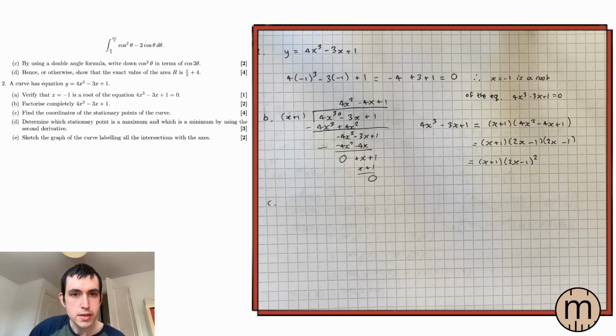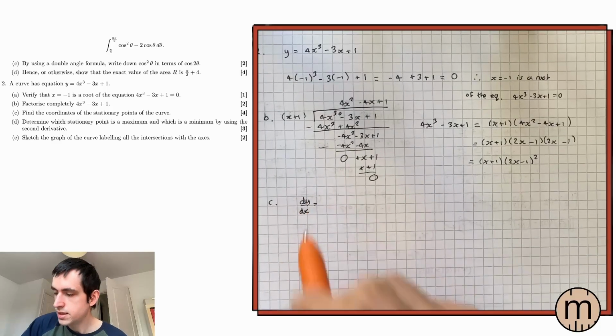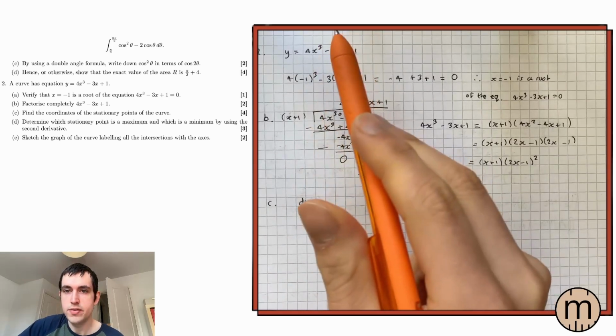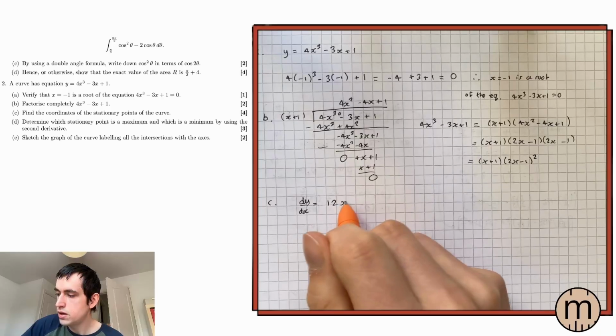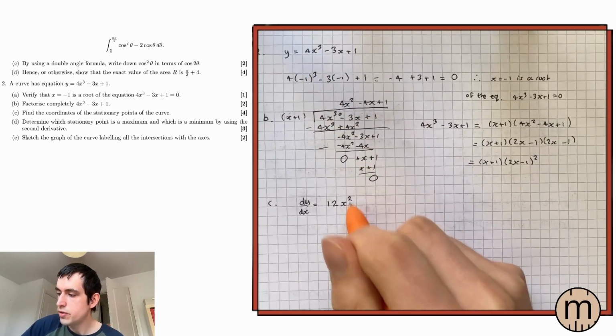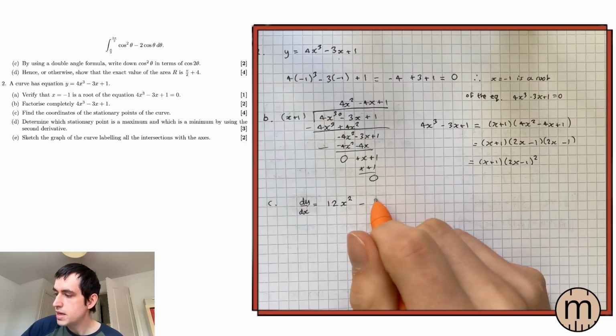What do we want to do in part C? Find the coordinates of the stationary point. I've not given a hint here, but if you see the word stationary point, it's about differentiating. So let's differentiate. dy/dx from the very original is going to be: bring down the 3, times it by the 4, and then take 1 away from the 3 to get 2. Then the next term is going to be minus 3.